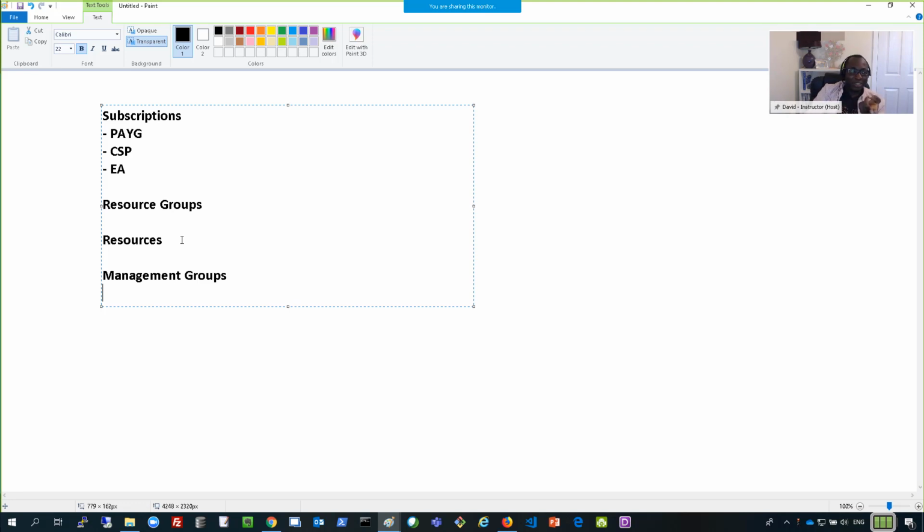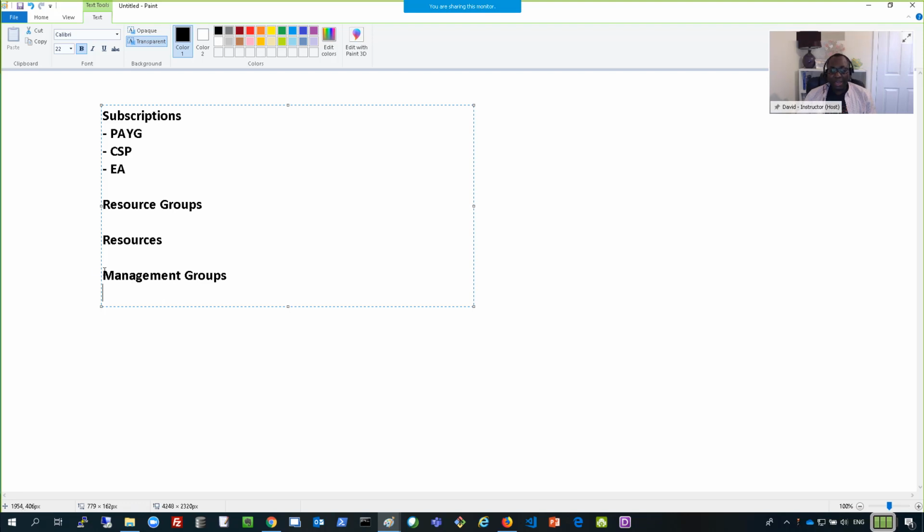Step number 1: you set up the root management group to begin with, and then a child group. After that, you have to ensure that at least one person has access to the root management group. Otherwise, you won't be able to do anything with it.